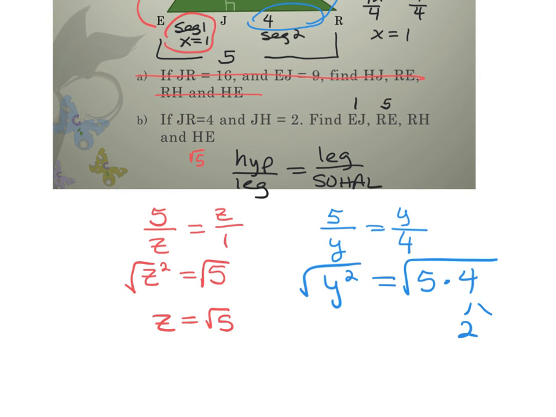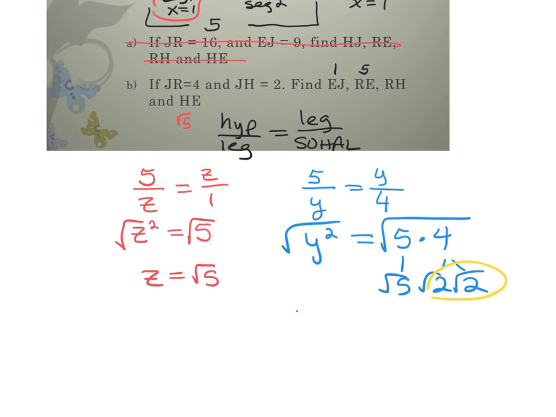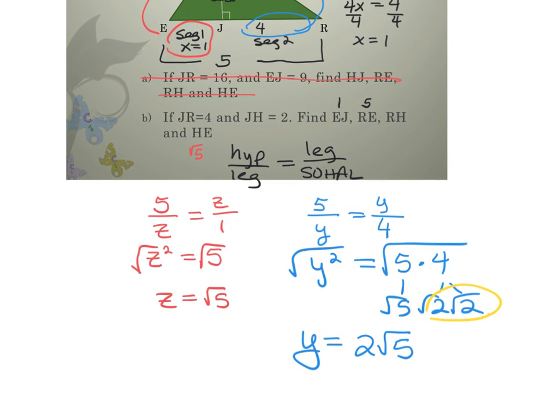The 4 breaks into 2 times 2. I got a pair of 2's. A 2 comes out. So final answer here is Y is equal to 2 square root 5. And that is the length of RH. So that is lesson 9.3.